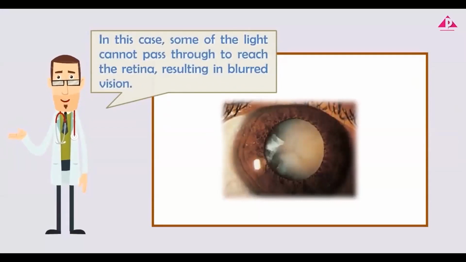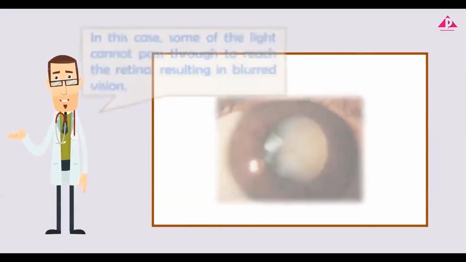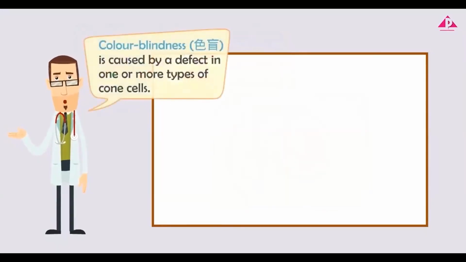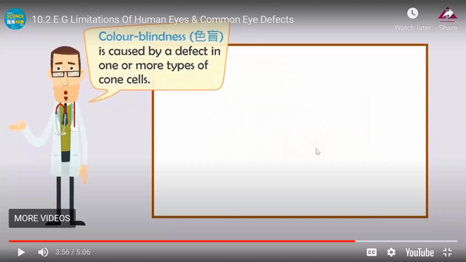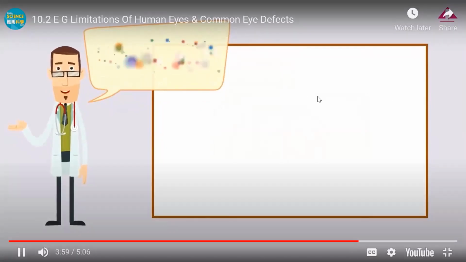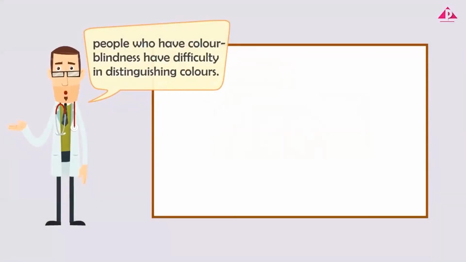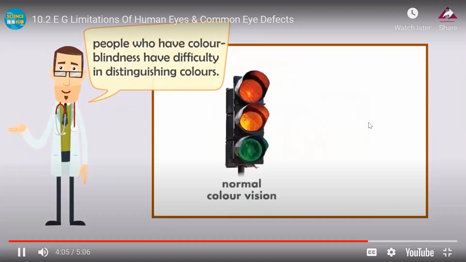In this case, some of the light cannot pass through to reach the retina, resulting in blurred vision. Color blindness is caused by a defect in one or more types of cone cells. People who have color blindness have difficulty in distinguishing colors.